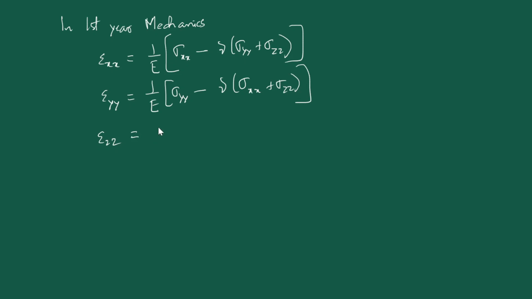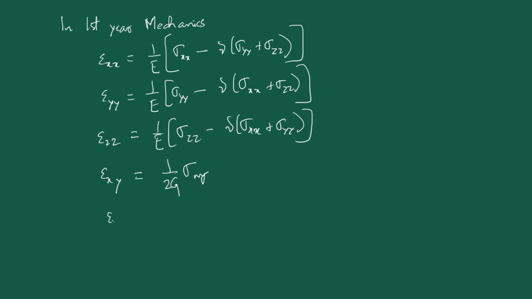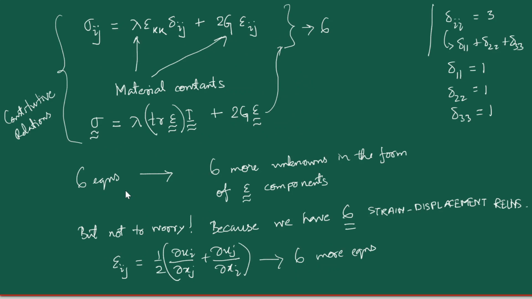Epsilon zz is equal to 1 by E (sigma zz minus nu (sigma xx plus sigma yy)). Epsilon xy is equal to 1 by twice G sigma xy. Epsilon yz is equal to 1 by twice G sigma yz, and epsilon zx is equal to 1 by twice G sigma zx. Now if you just map the x to 1, the y to 2, and z to 3, these 6 things is basically what you are having here.